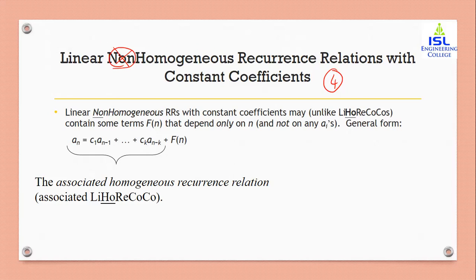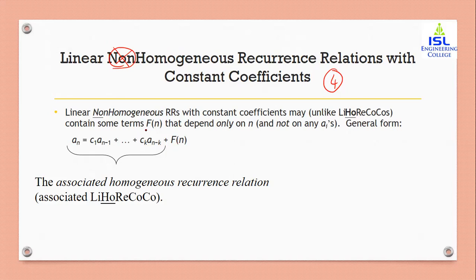If you recall the first part of this unit, I explained these terms and mentioned what non-homogeneous means. Whenever you have a function of n such that the earlier terms are not similar to this function of n, then it is known as non-homogeneous.